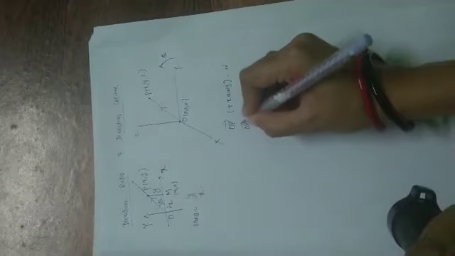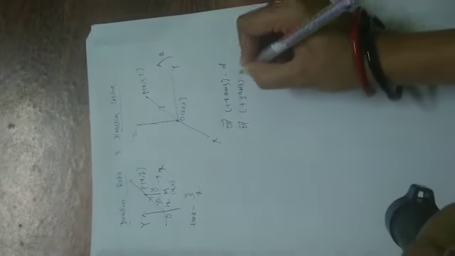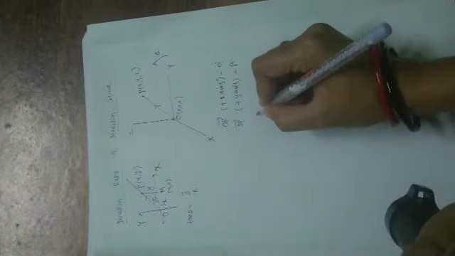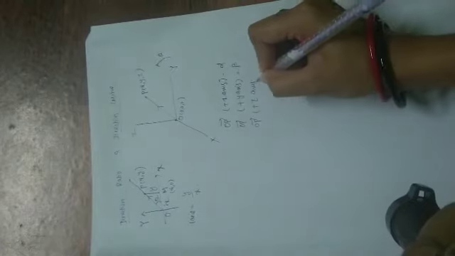Next, the OP vector makes an angle with the positive y axis, beta, and the OP vector making an angle with the positive z axis is gamma.